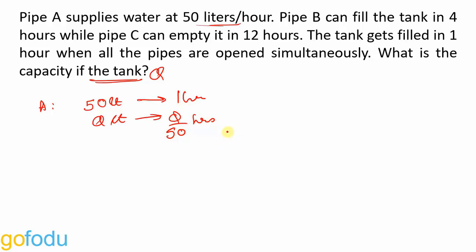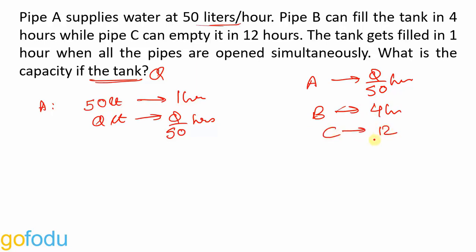So now what is the data that we have? A can fill up the tank in Q upon 50 hours. B can fill up the tank in 4 hours. C can empty the tank in 12 hours. This is negative work. And all three can fill up the tank working together in 1 hour.